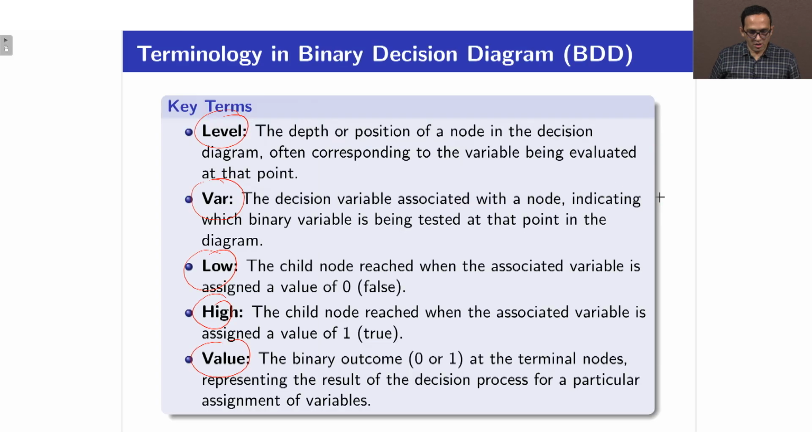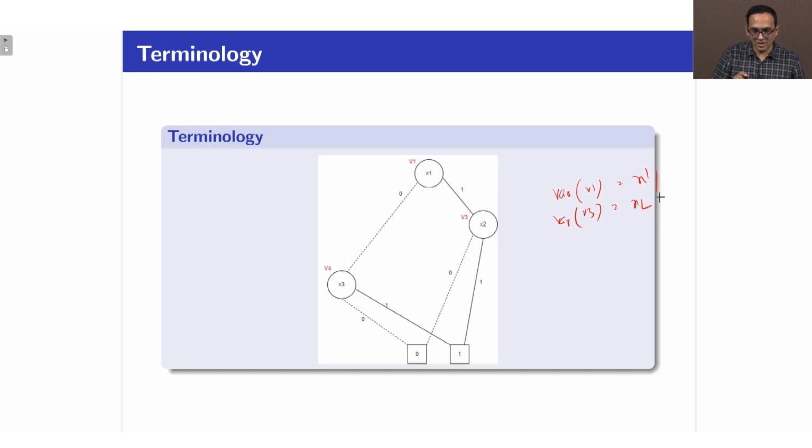Then you know what is level. This is level 1, this is level 2, this is level 3. In an ordered BDD, each level represents one variable. So, any node in this level will be x2, any node in this level will be x3 only. Since there is no x2 here, I just keep it and put x3 here. So, this is the level.